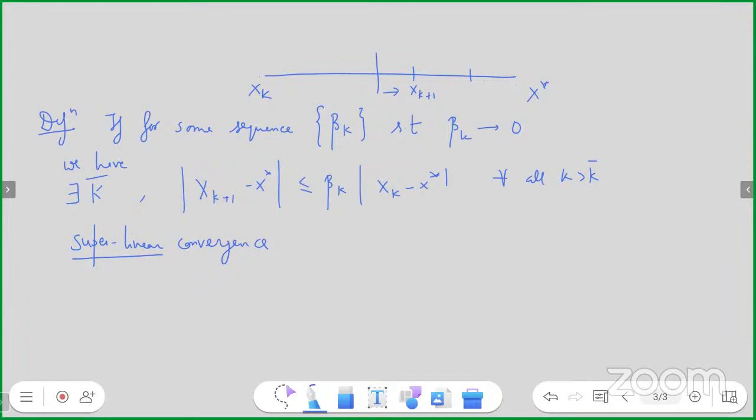This is even faster, because now beta k itself is going to 0. The example I gave of 1 minus 1 over k is going the other direction, towards 1. So any example here, 1 by k would work, for example. This is rare.